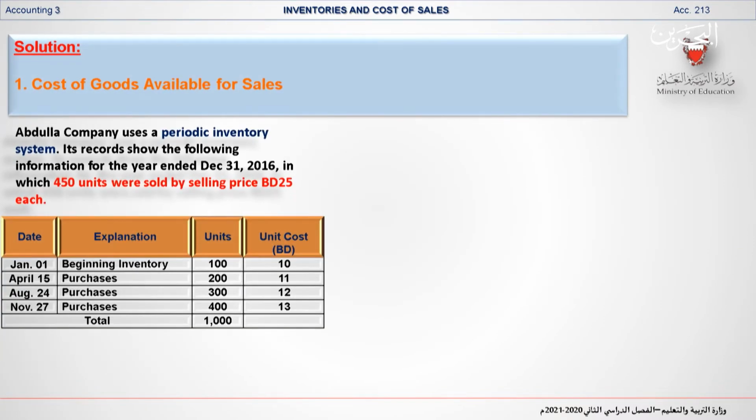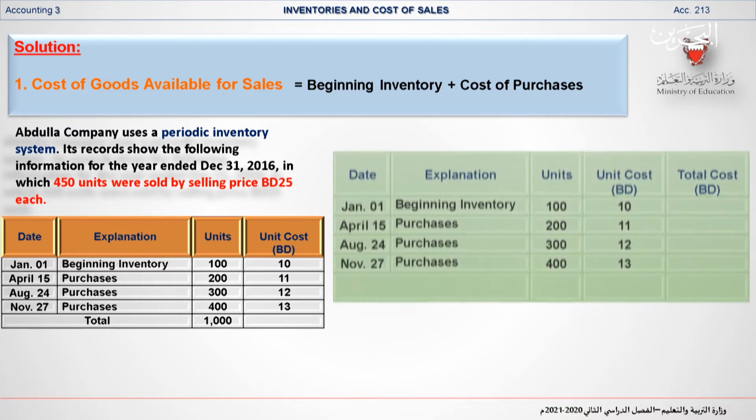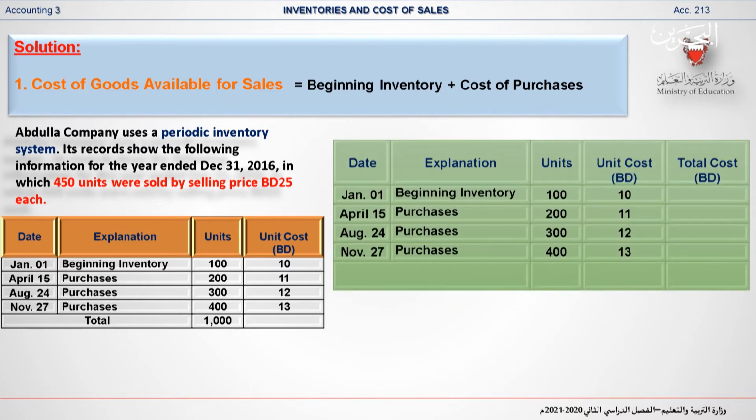In requirement number 1, you need to calculate the cost of goods available for sale, which is calculated by this formula: beginning inventory cost plus cost of purchases. So, you need to calculate the cost of inventory, which equals the number of units multiplied by unit cost. Given the information in this table, we will start to calculate the cost of beginning inventory and then inventory purchases from oldest to newest.